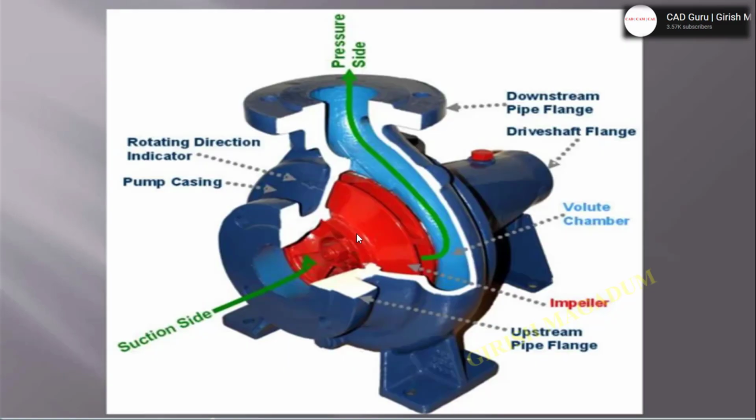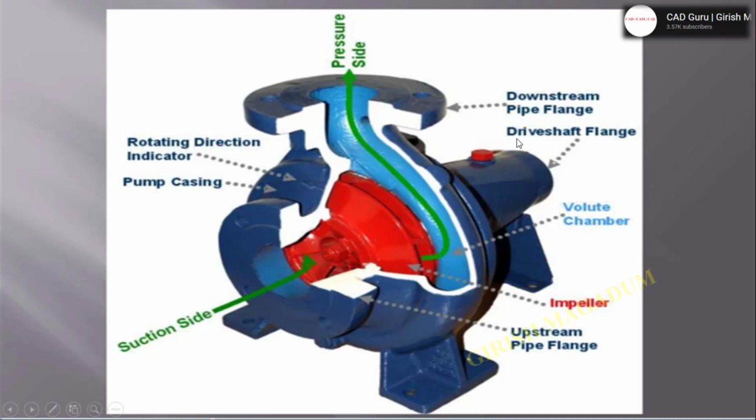So we'll see the diagram here explains the same, the pressure side. From here the pressure will be created, and this is the output, and this is the suction side where the water will be sucked inside. And this is the impeller, a closed impeller, we could see. There are two types, open and closed impellers.